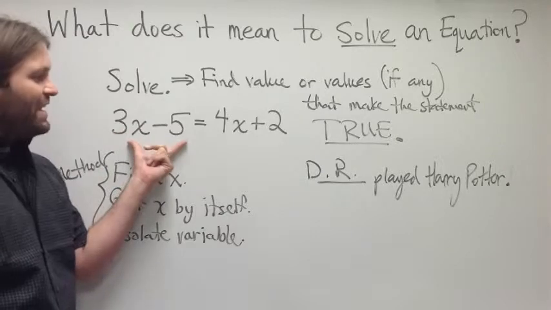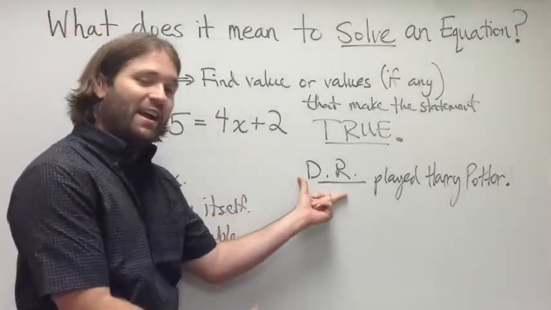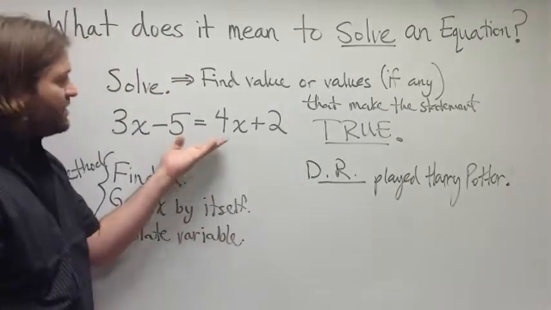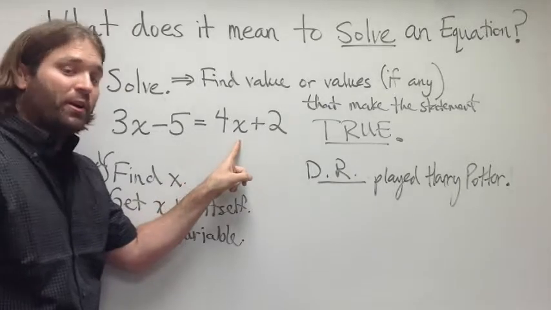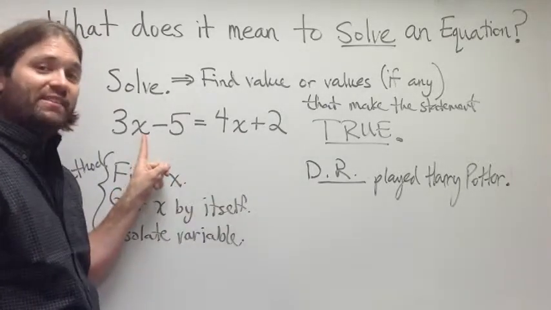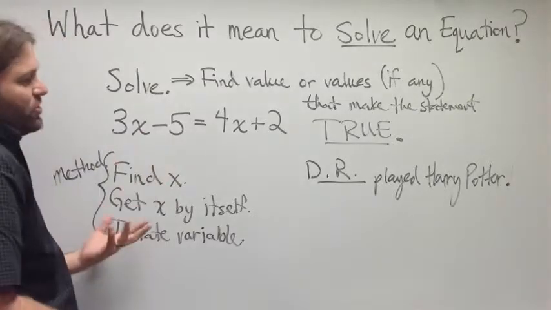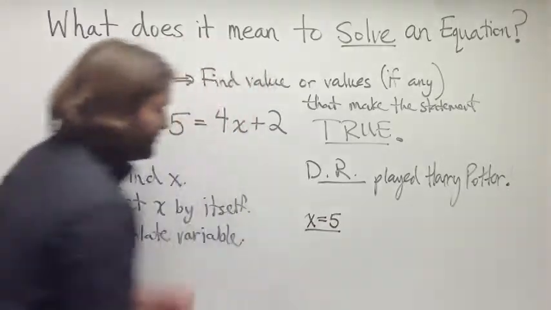The same thing that we're doing here by finding what makes this a true statement is what we're doing here. The only difference is we're looking for the number that makes this a true statement when we plug it into both of these x's. So for instance, we could just try something. What if we had x is equal to 5?